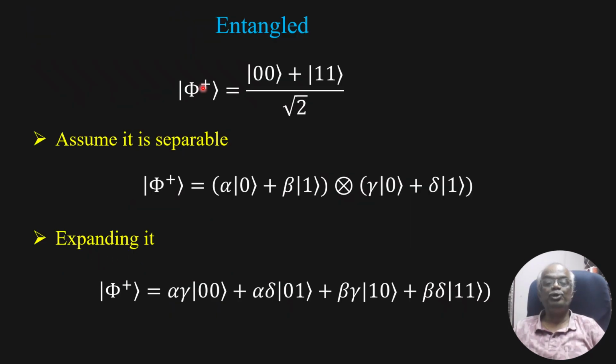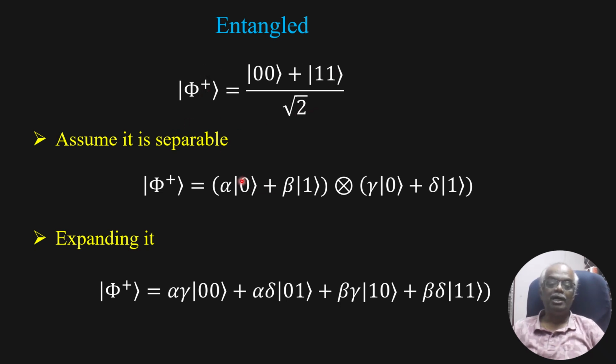Then how do you prove that |phi plus⟩ is an entangled state? That is, |phi plus⟩ is equal to (|00⟩ + |11⟩)/√2. Assume it is separable. We are assuming this is separable.